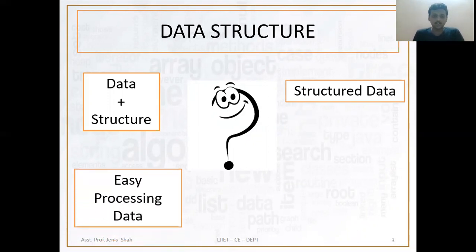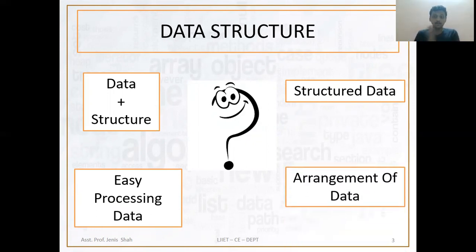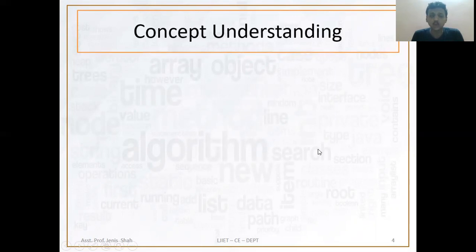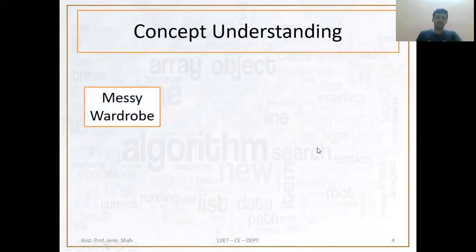Someone told me it is easy processing of data, and another phrase was arrangement of data. So what is data structure? Is it easy processing of data? Is it useful for arrangement of data? What is it? Before understanding it, please focus on this concept.